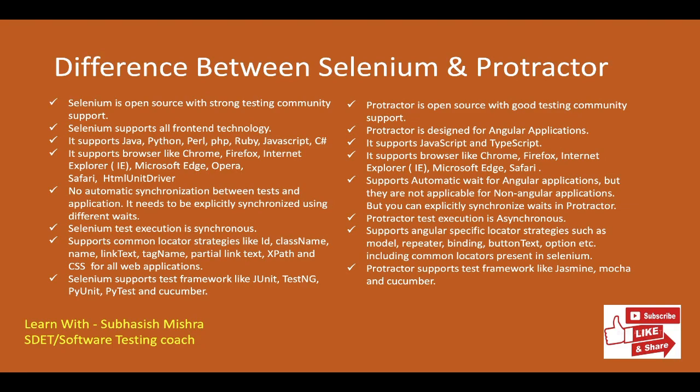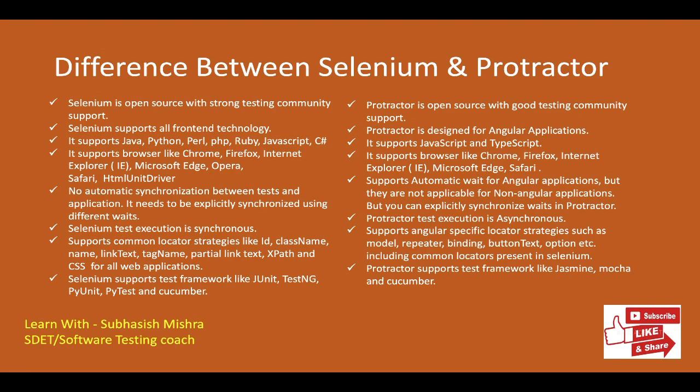Selenium supports common locator strategies for all types of web applications like ID, name, class name, link text, partial link text, tag name, XPath, and CSS. Whereas Protractor supports all types of locator strategies supported by Selenium plus some extra Angular specific locator strategies such as model, repeater, binding, button text, option.